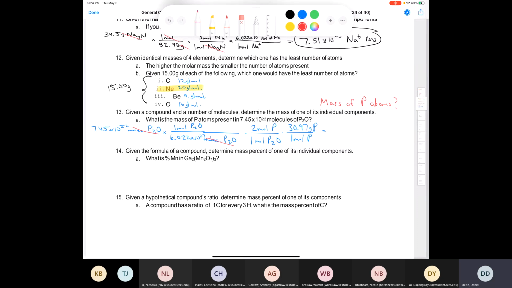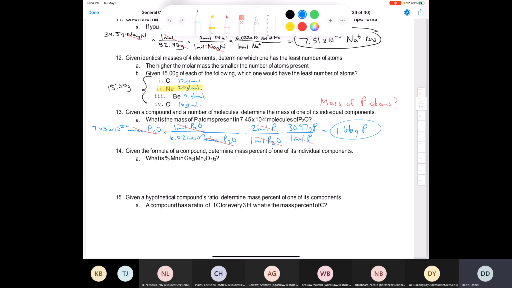It's not magic. Moles of P2O cancel, moles of phosphorus cancel, and we're left with the mass of phosphorus, which is 7.66 grams of phosphorus. All right, and the answer should have 3 sig figs because our number of molecules of P2O had 3 sig figs.